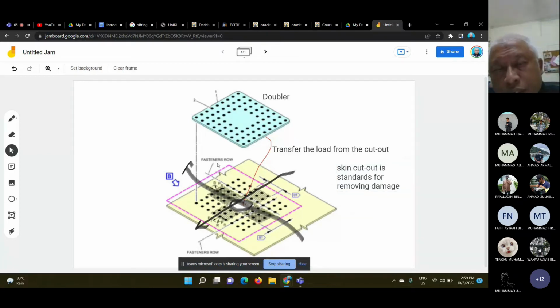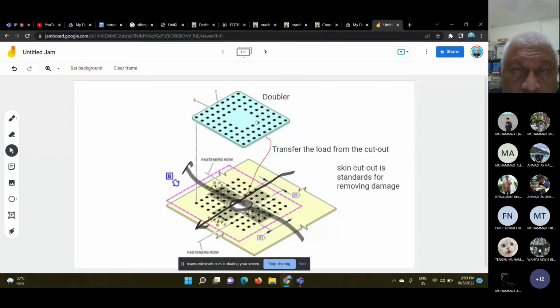If you don't cut, something is not right. The repair will not be acceptable because you did not remove the defect. So that is a standard repair. Where you have damage, you have to cut out, and then you install the rivets.